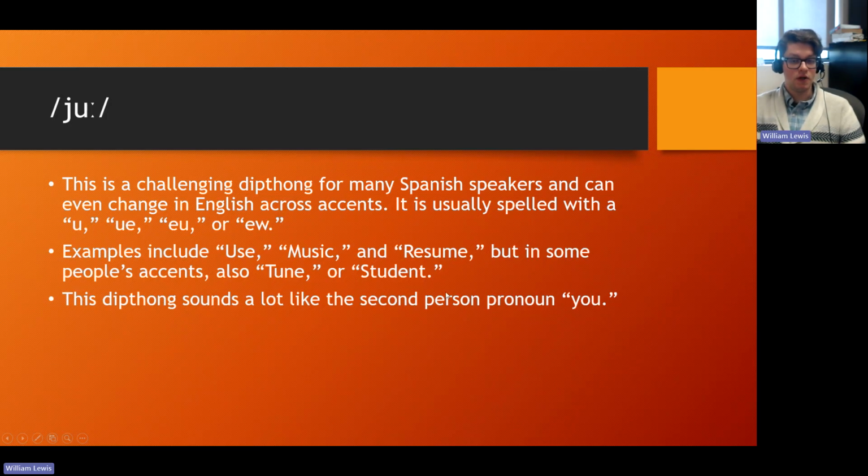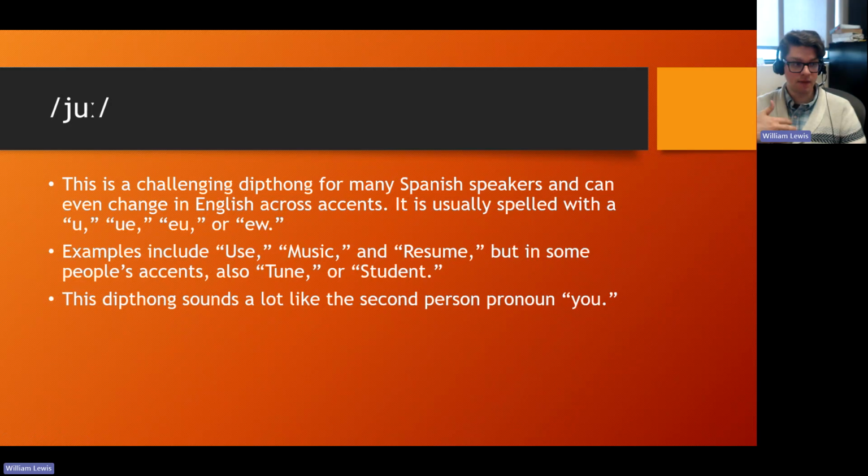Examples include use, music, or resume. So it's not us or music or resume, it's use. There's kind of a y sound coming up at the front. Use, music, resume.